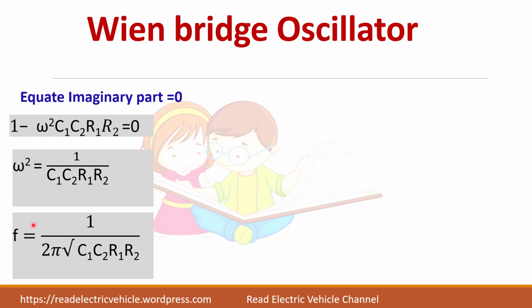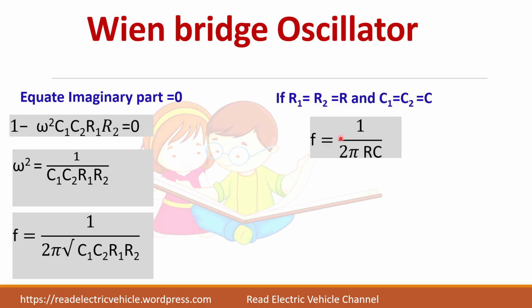If you know omega, you can find the frequency. So this root is for all the variables C1, C2, R1, R2, everything. So this is the resonant frequency. But for simplification, we can take R1 equal to R2 equal to R and C1 equal to C2 equal to C. In such a case, the resonant frequency is given by 1 by 2 pi RC.